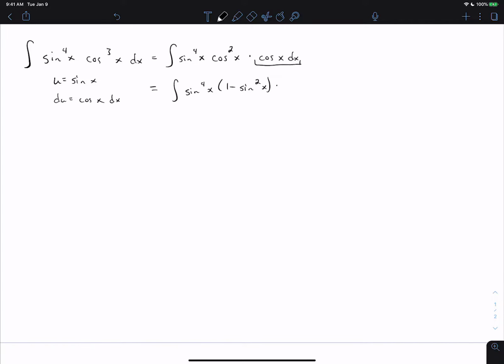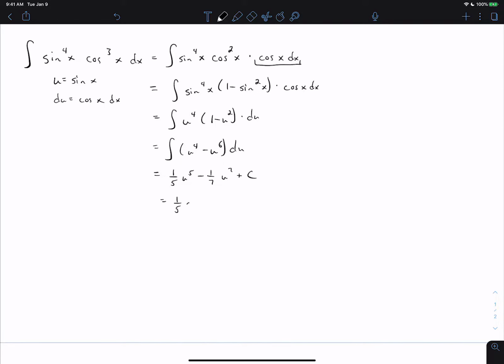Cosine squared is the same thing as 1 minus sine squared. So now we can rewrite this as u to the fourth times 1 minus u squared times du. We can distribute u to the fourth and now do the power rule on each of those power functions. So we get 1/5 u to the fifth minus 1/7 u to the seventh plus C.